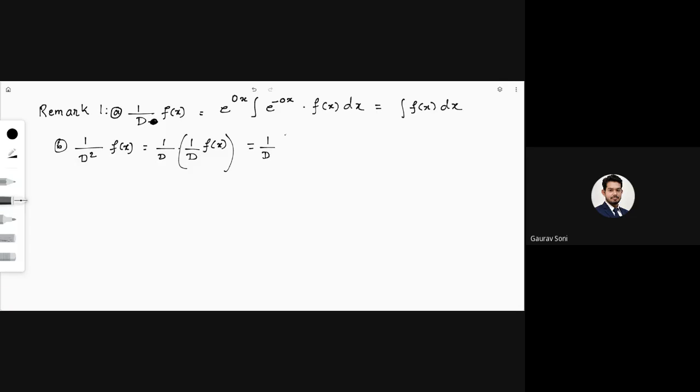So 1 upon d in bracket integration of f of x dx. Whatever answer comes will again be a function of x, and 1 upon d operating on it will again be an integration, so integration of integration f of x dx, complete dx. So if there are 3 d's, then it will be 3 times integration. If there are 2 d's, then 2 times integration. Just 1 d, then once integration. Remark number 2.